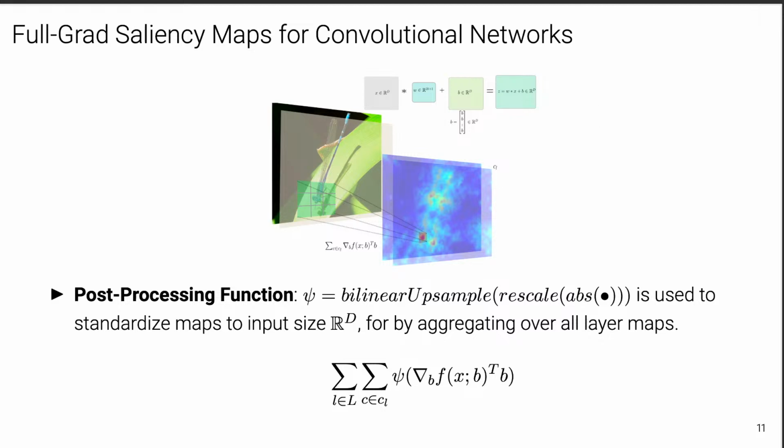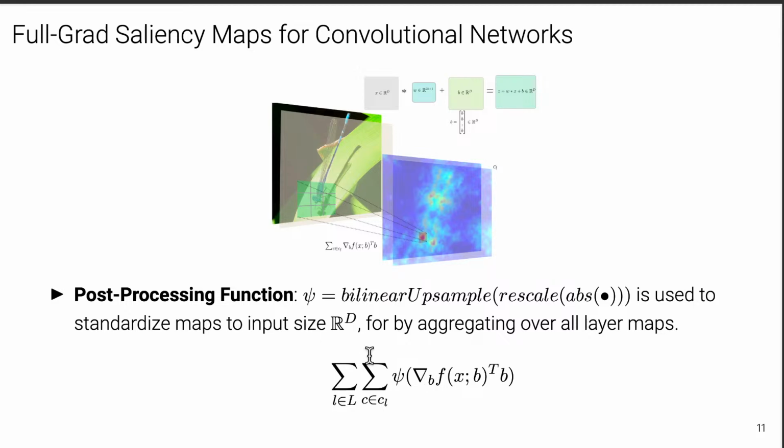We then aggregate all the channels in a particular layer, and because the post-processing retains our dimensions, we aggregate over all these layers, and that's how we compute the bias gradients.